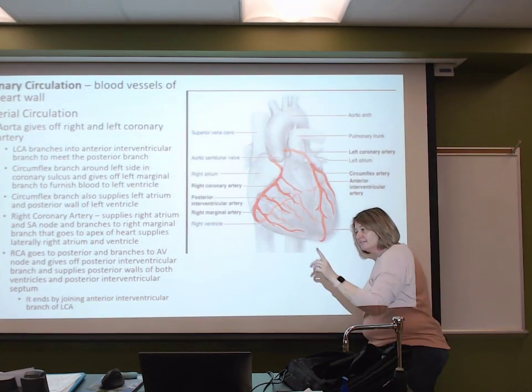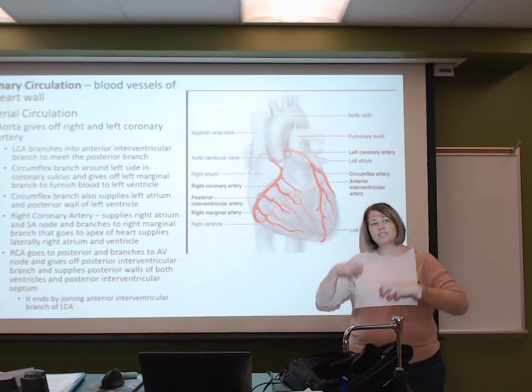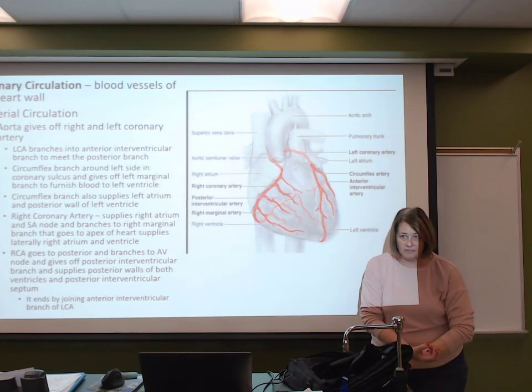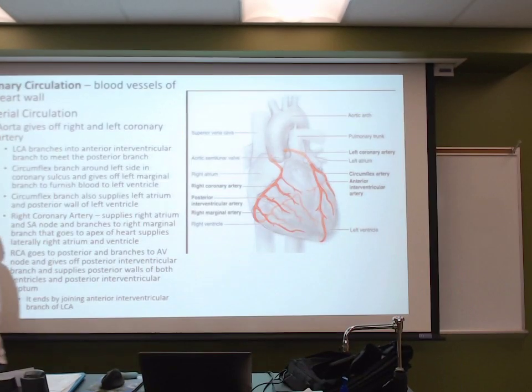It looks as if I have 4 different areas that are being served. Is everybody following that? If you look at your models, it looks like I have those 2 indentations, anterior, posterior, and 2 that look like they run down each side. 1, 2, 3, 4.